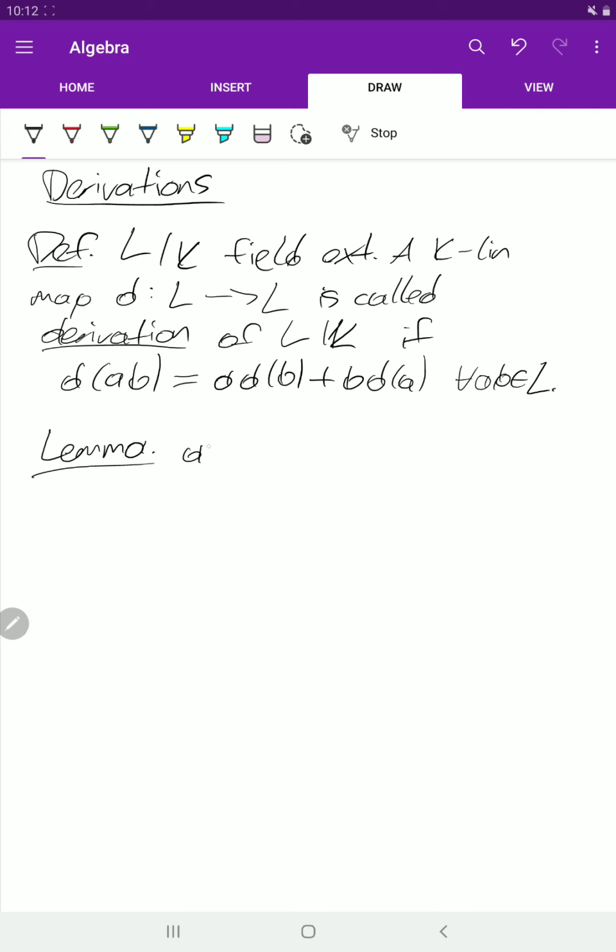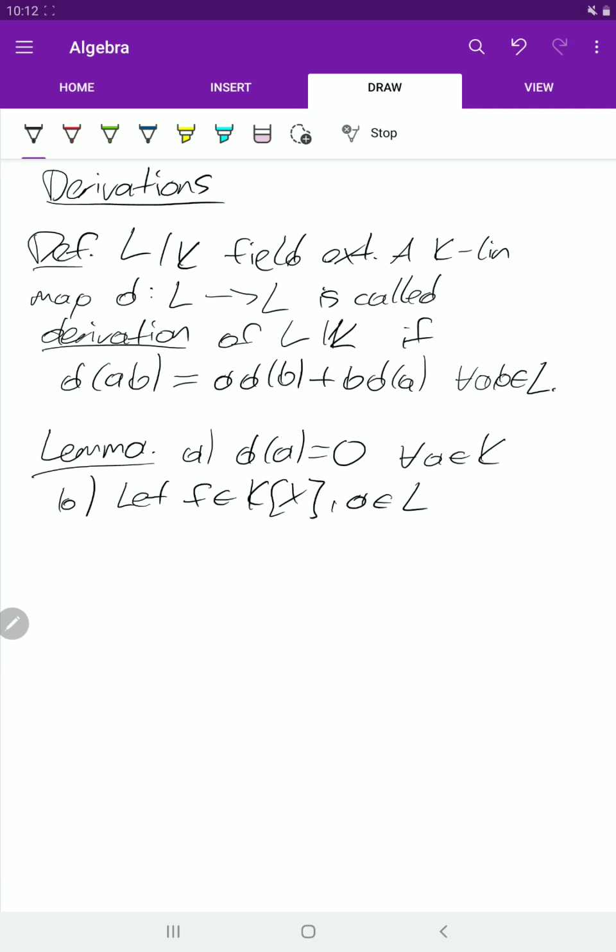The first statement is that the derivation is 0 for all elements in K. And the second statement is that if we have a polynomial f with coefficients in K and we have an element A in the field L, then the derivation of f evaluated at A is equal to f prime, the formal derivative of the polynomial f, evaluated at A, times D of A.